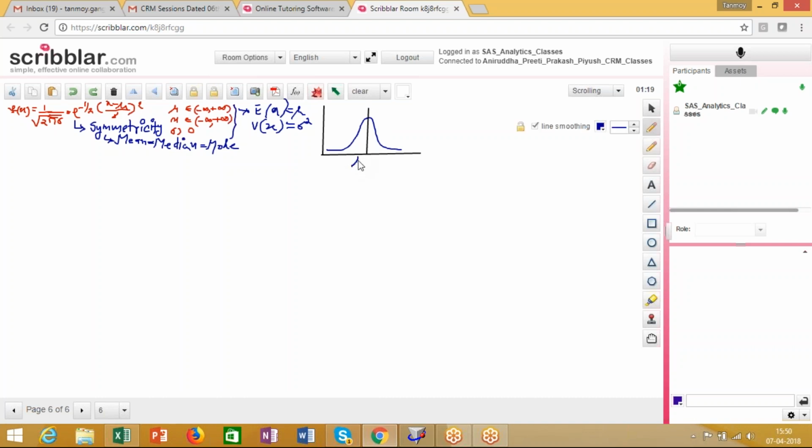So this is your mean, which is equal to mu. Then I have the median over here.